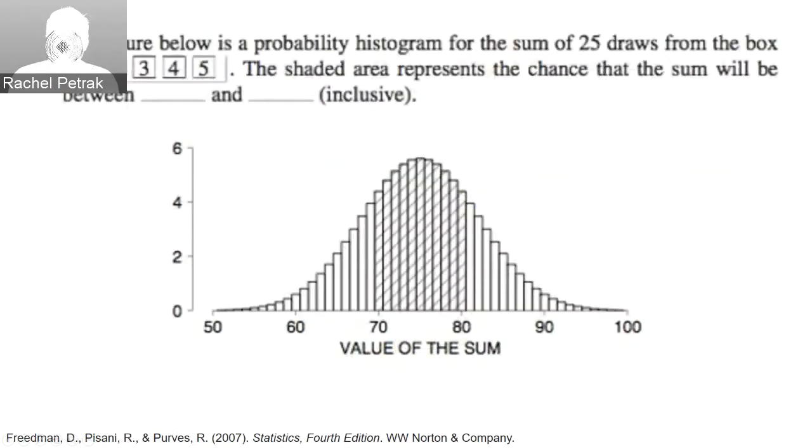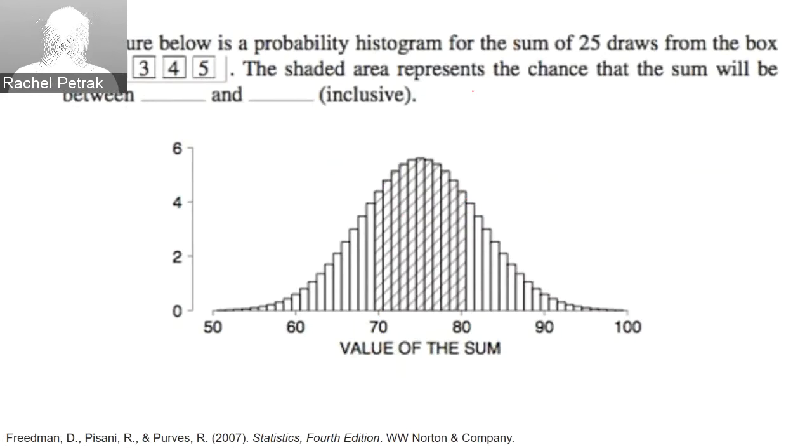Let's look at an example of a probability histogram for the sum of 25 draws from the box 1, 2, 3, 4, 5. The shaded area represents the chance that the sum will be between, and this is helping us think through using our probability histogram functionally.